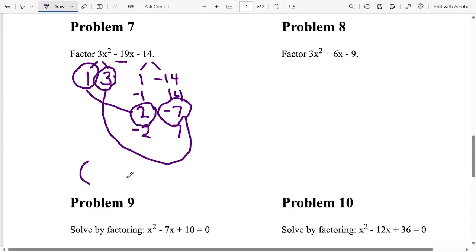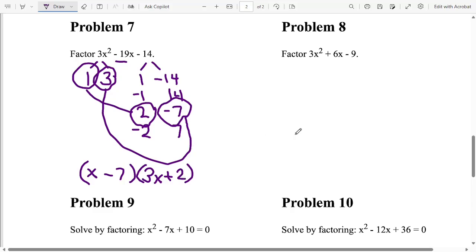So I'm going to use 1 and 3 as my coefficients. I really don't have to write the 1 in front of the x, so I'll just do x and 3x. And then I want the 3 multiplied by the negative 7. It's on the inside, so I'll put negative 7 on the inside. And then the 1 multiplied by plus 2. So we'll write that there.